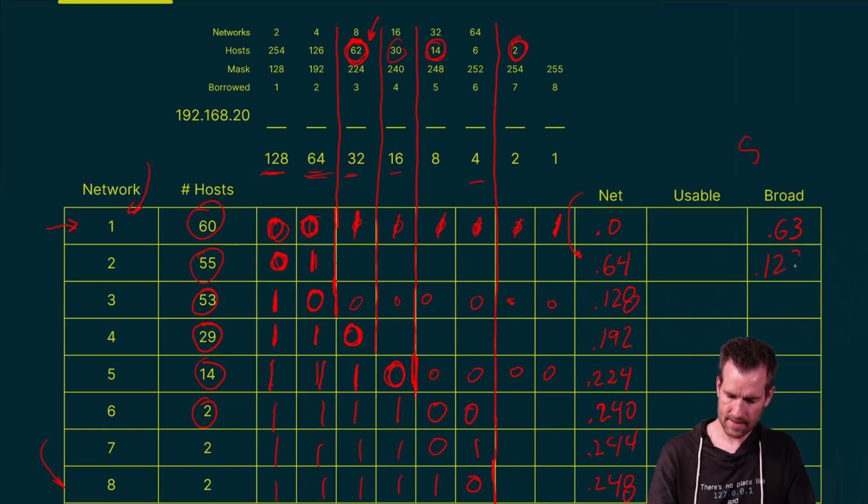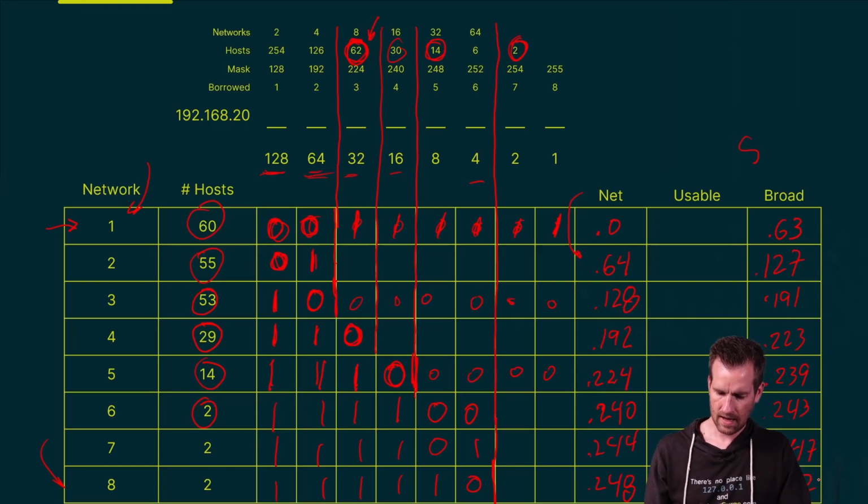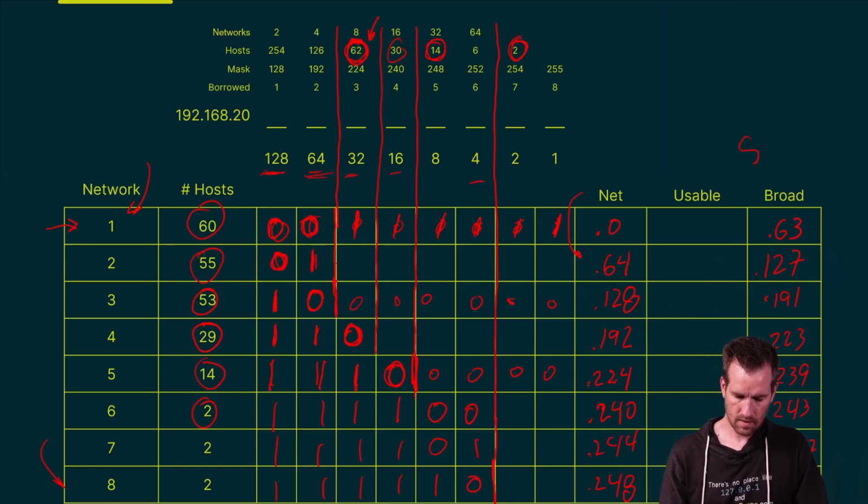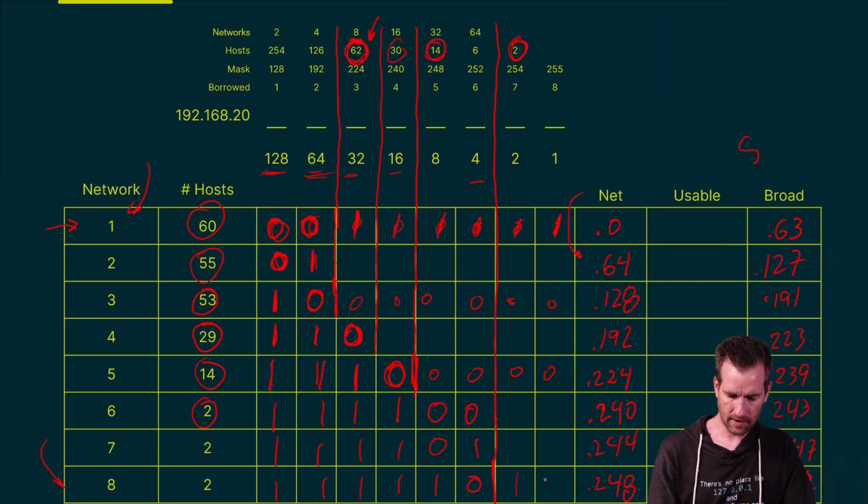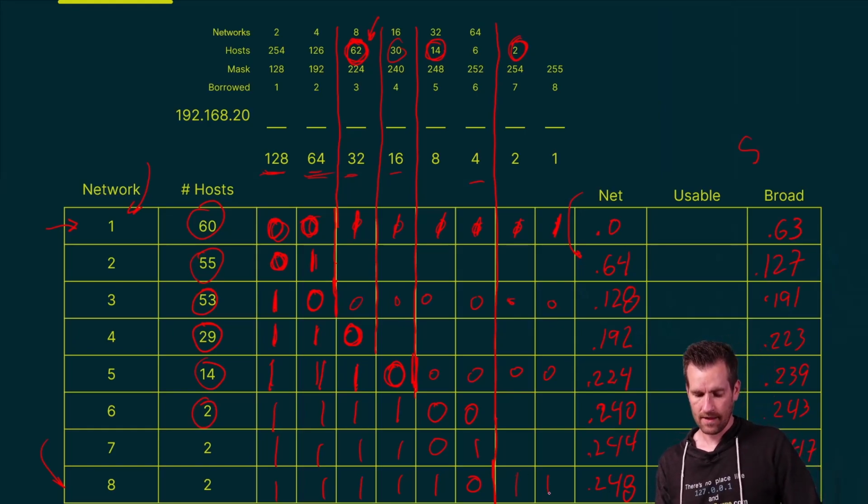So .127, the next one is .191, the next one is .223, the next one is .239, the next one is 243, 247, and then this one is 251. The next network is 252. So I could manually calculate that out by putting ones in there just like that.